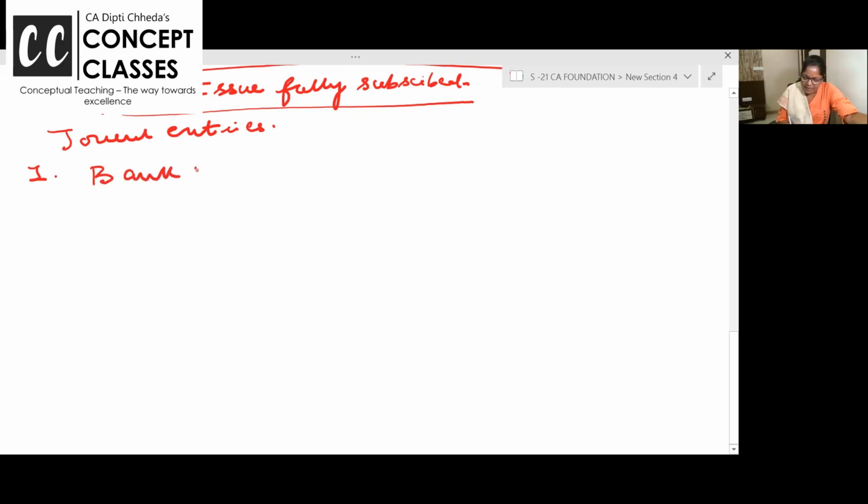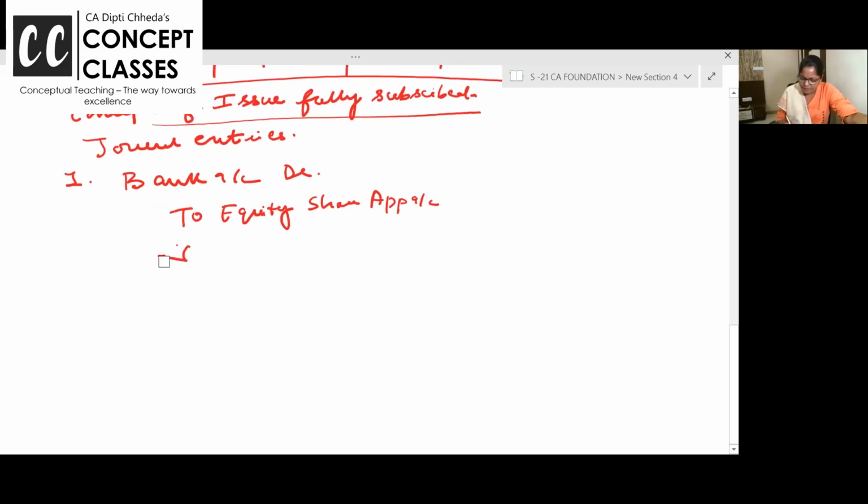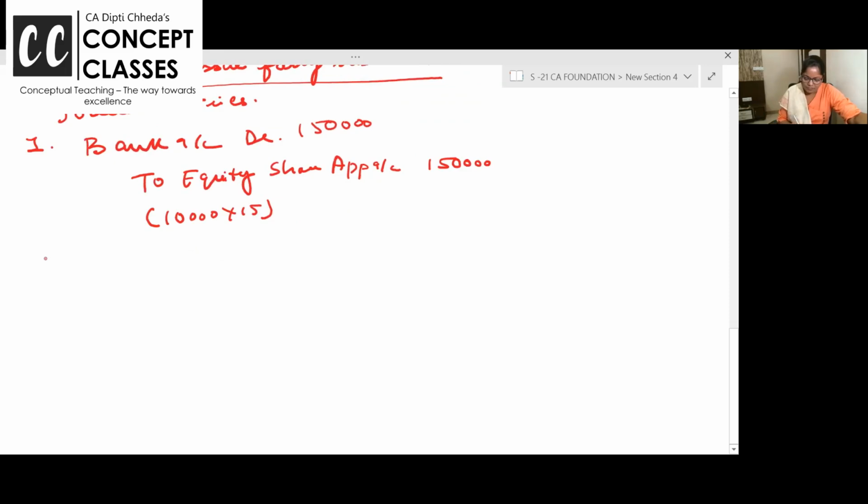First journal entry, money is coming in: bank account debit to equity share application account, 10,000 equity shares of 15 each. Is this very nice and clear?